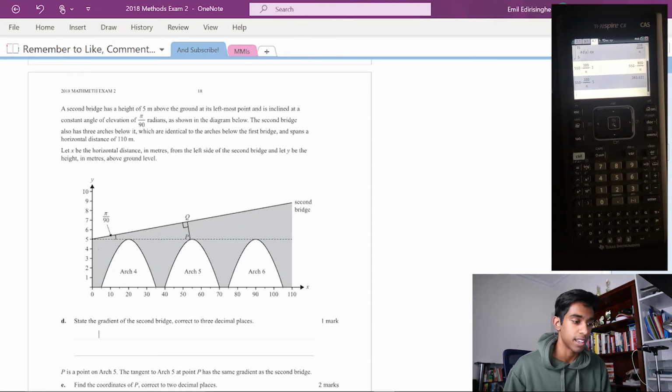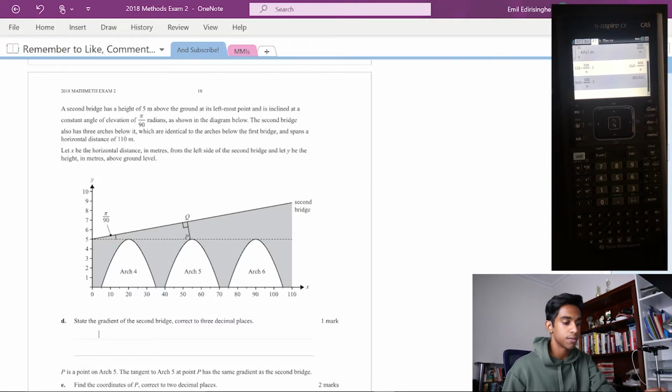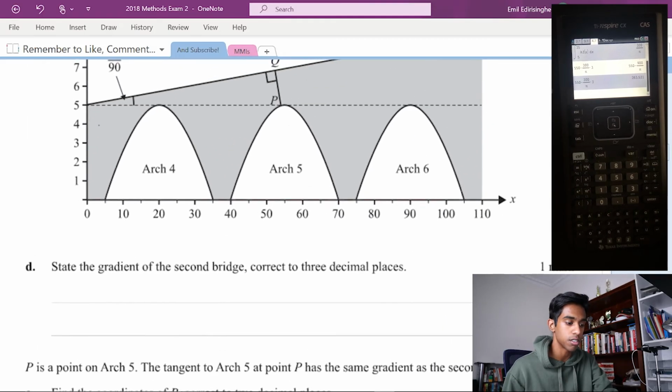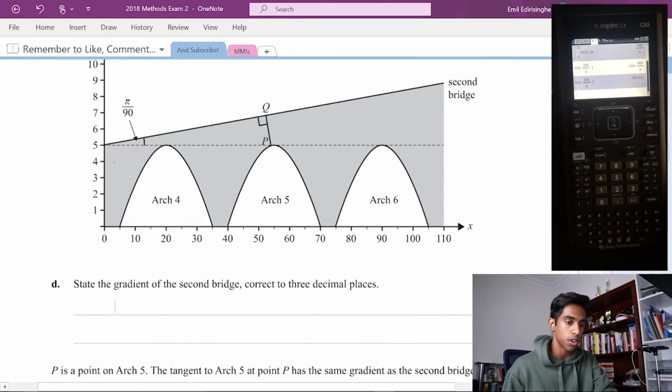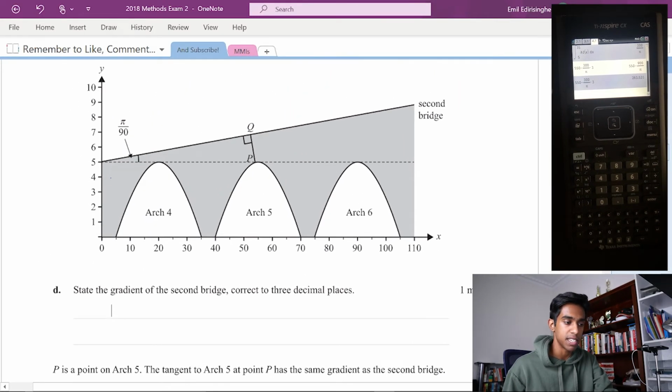So now we move on to the next part of this question. We're told that there's another bridge with a height of 5 meters above the ground, and it has an incline of a constant angle of elevation of pi on 90 radians. Then we're also told that there's arches, and they're the same as the arches in the first bridge, and then we need to find the gradient of the second bridge to 3 decimal places. So I know that this is going to be tan of this angle because we're given the angle, and the reason it's tan is because tan is opposite on adjacent, and opposite on adjacent is the gradient.